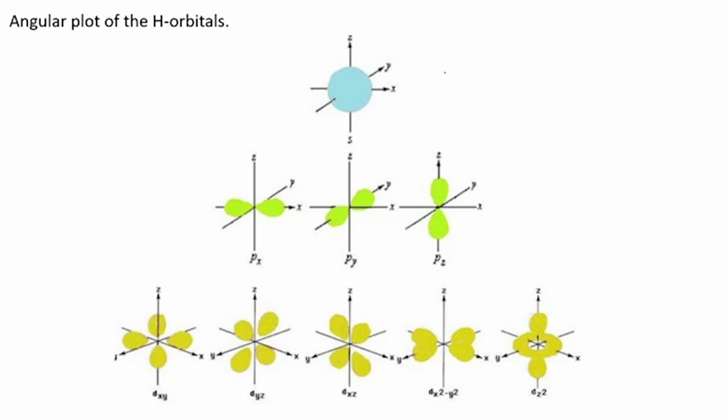If you plot the angular orbitals, this is the S wave, and then there are 3 P waves which look like dumbbells, Px, Py, Pz, and then there are 5 D orbitals which look like these blobs along the axes. The 5 of them are called dxy, dyz, dxz, dx squared minus y squared, and dz squared.